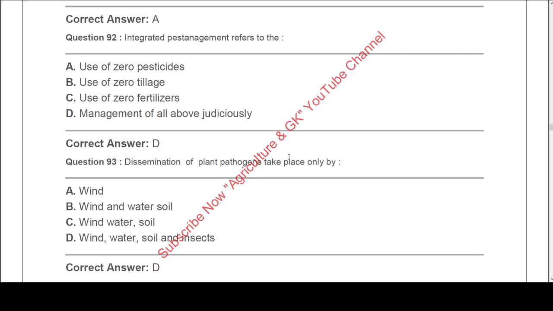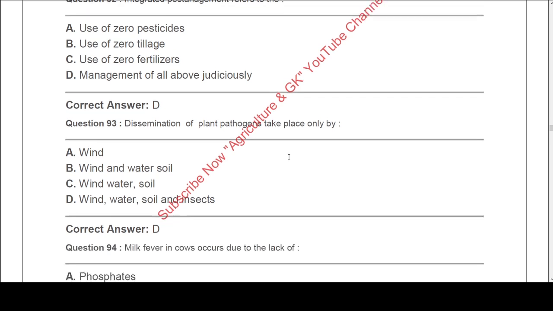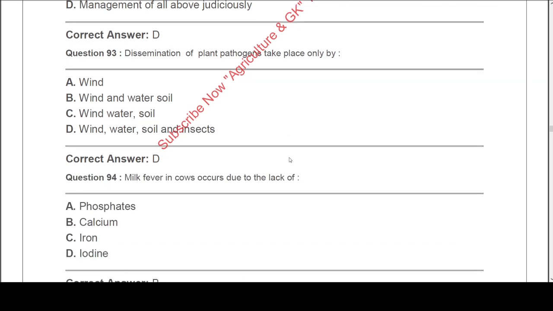Integrated pest management refers to use of zero pesticides, use of zero tillage, and also zero fertilizers. So all of the above can be used in order to manage this judiciously. Dissemination of plant pathogens takes place by wind, water, soil and insects, all of the above.